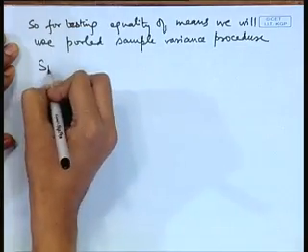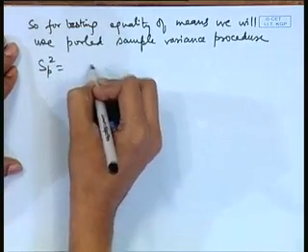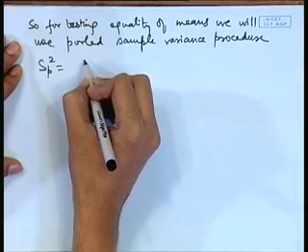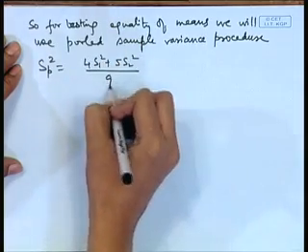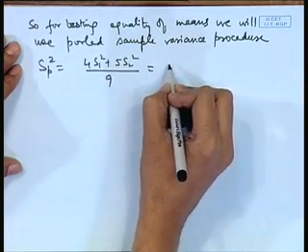So, if you see SP square, that is equal to 4 S1 square plus 5 S2 square by 9.